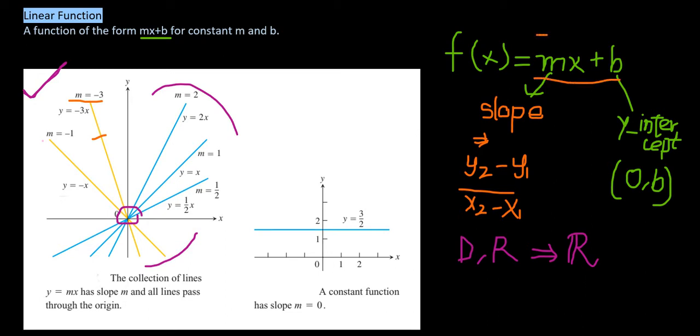Suppose our -3 is here and we put x, and you can see that there is no value of b. You can simply set that y-intercept is equal to 0, or you may say that the b value is 0. So we can get a linear equation that is y equals minus 3x.